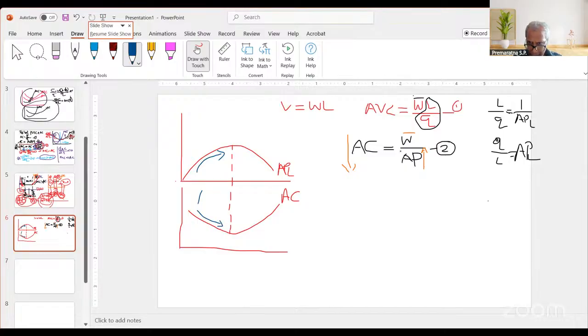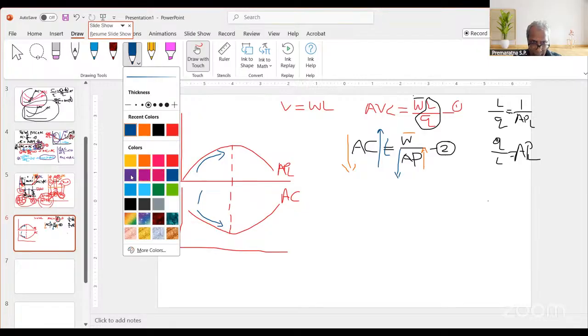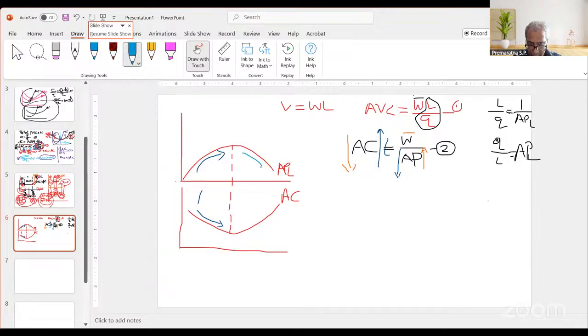Opposite, when the average product decreases, since this W is constant, this must increase. Otherwise, it will not happen. So that is exactly what we are talking about. When this decreases, this increases.